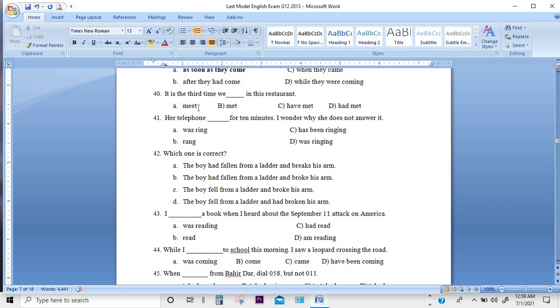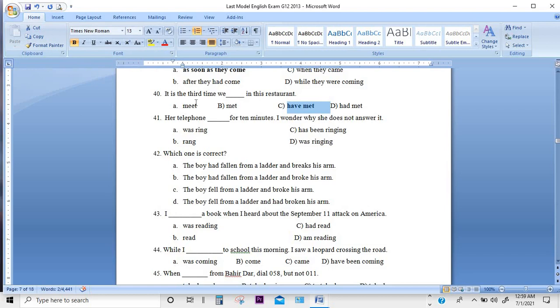Okay, we meet in this restaurant, because we can say it is a repeated action. But I tend to choose, as in the answer we worked out in the past class, have made. Okay, it is have made. Okay, it is the third time we have met in this restaurant.